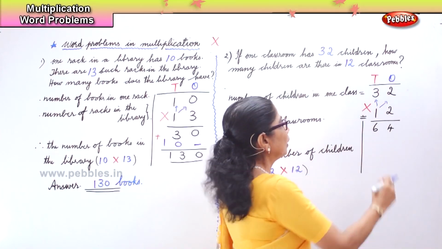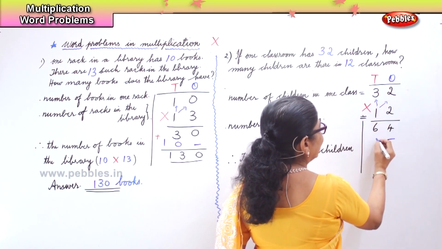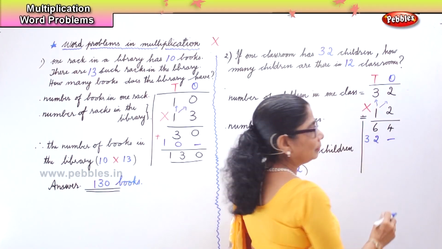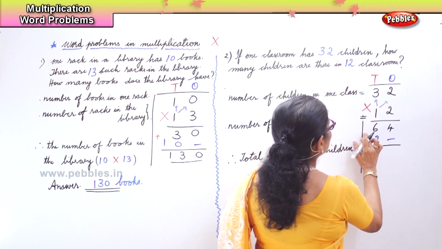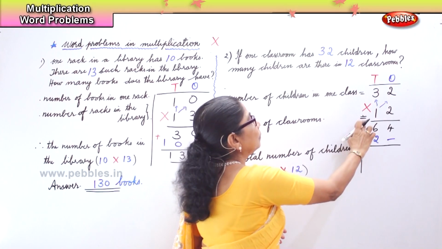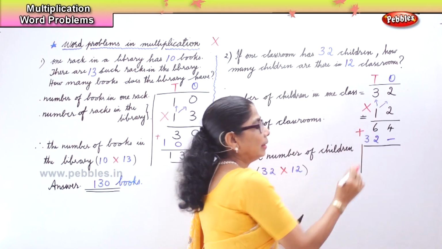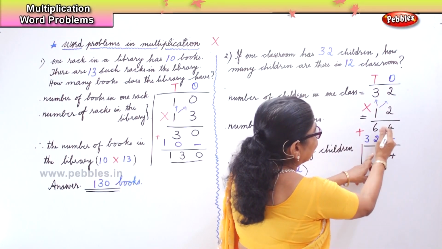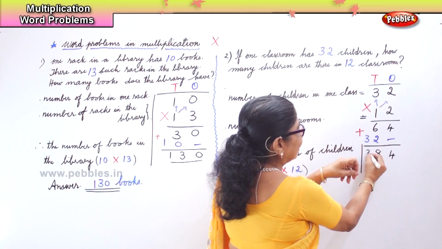What do we do first? 1 is in the tens place. In the ones place, put a dash. 1, 2 is 2. 1, 3 is 3. Next, we need to draw a line and then add these two. So you put a small addition sign over here to help us. Now, you bring the 4 down. 6 plus 2 is 8. Then you bring the 3 down.